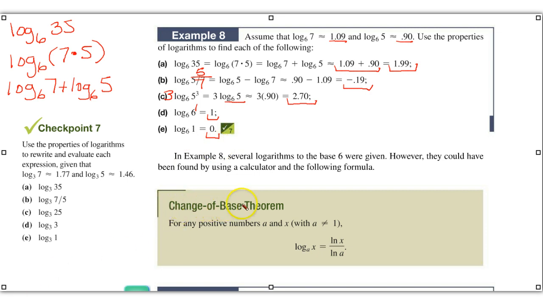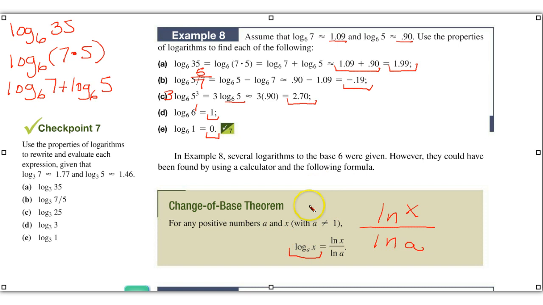Okay, change of base theorem. Now, for any positive number, a, with x, and remember a as a base cannot be equal to 1, we have a change of base theorem, which is what I have here, which in essence is saying that if you have a base, whatever it happens to be, we can convert that to the natural log of x divided by the natural log of a.